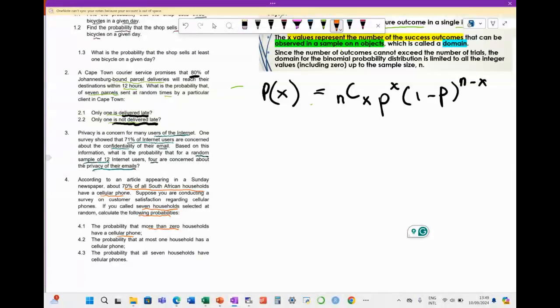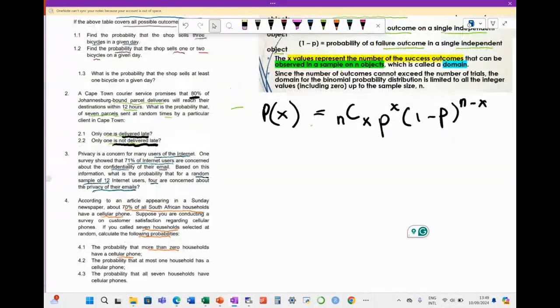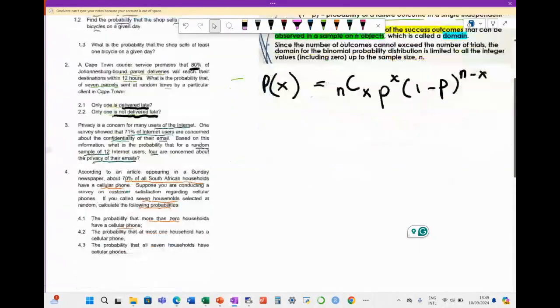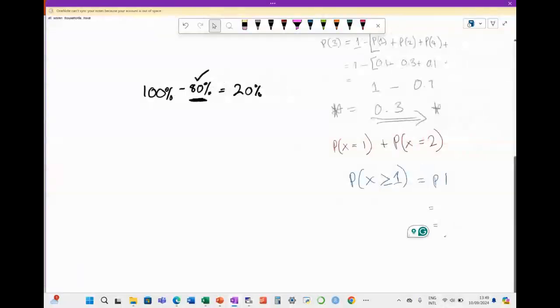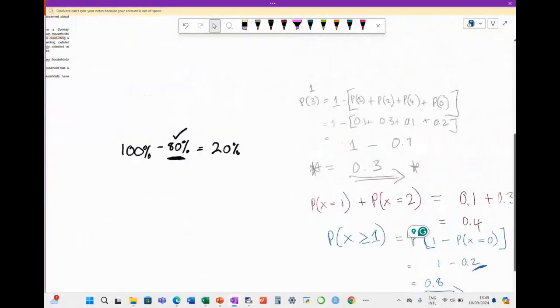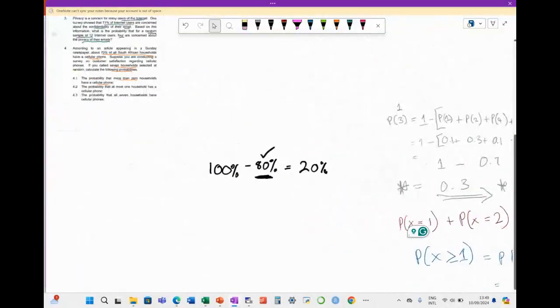Right. So what now must happen here? It takes us back to this other thing that we did. Here they said the probability that more than 0 households have a cellular phone.